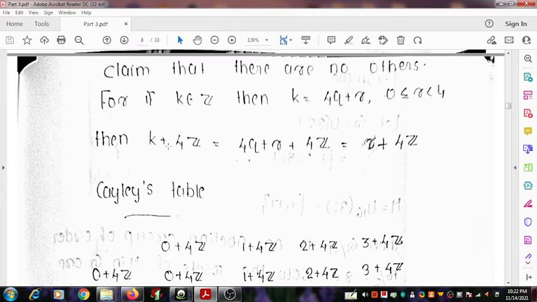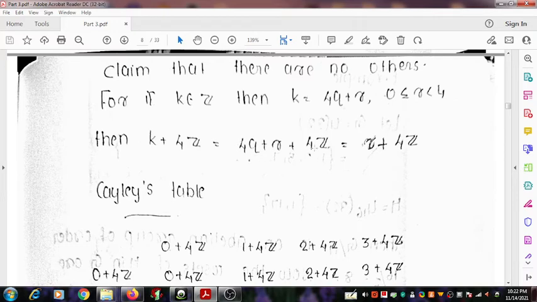We take k plus 4Z, and that becomes 4q plus r plus 4Z. And you know, 4q is a multiple of 4, so the effect of 4q will disappear when it acts with 4Z.